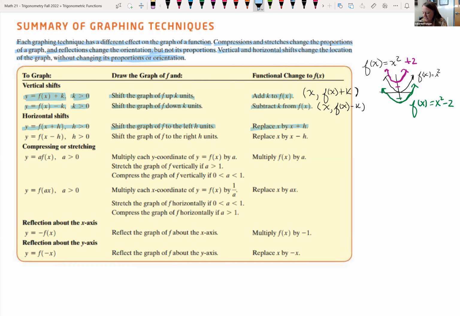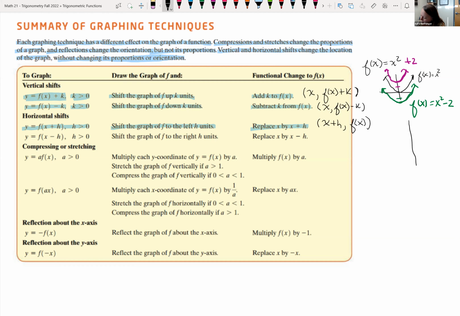So replace x with x plus h. So x plus h is going to shift it to the left. So it's going to keep the y value the same, but shift the graph to the left.